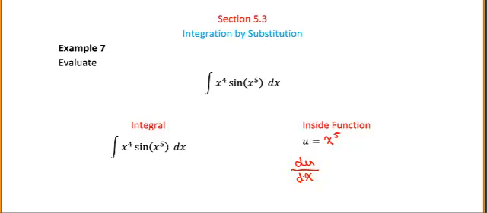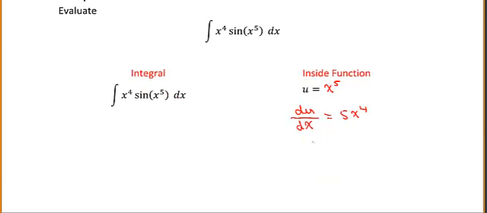Taking the derivative of u, I get 5x to the 4th, and then du dx times dx is du. So 5x to the 4th times dx is du, and dx is equal to du over 5x to the 4th.